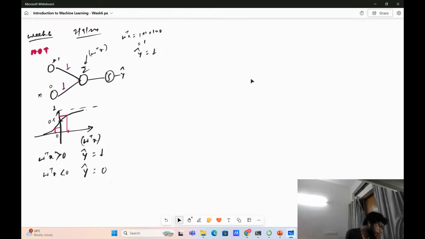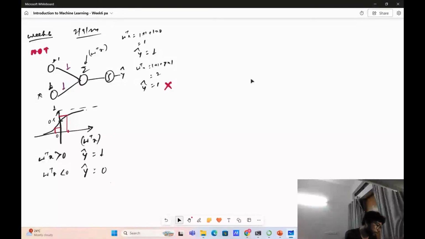Now, what will happen if we give the input as 1 instead of 0 here? If we give it as 1, then W transpose X would be 1 times 1 plus 1 times 1, right? So that will be 2. Again, Y hat would be 1 because W transpose X is greater than 0. For input as 1, the output should be 0, but we are getting Y hat equals 1, right?